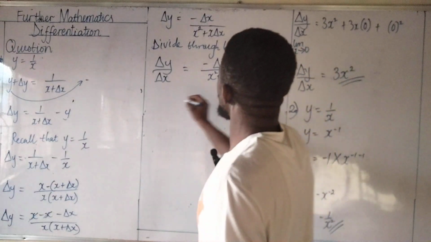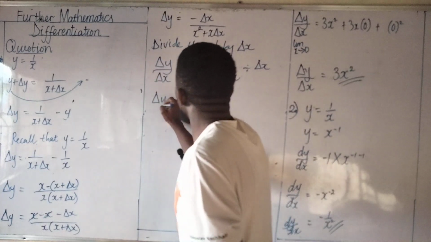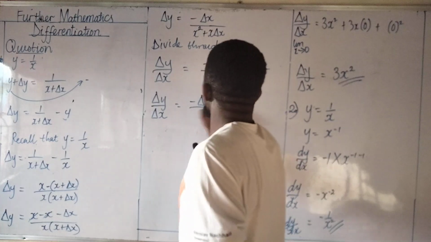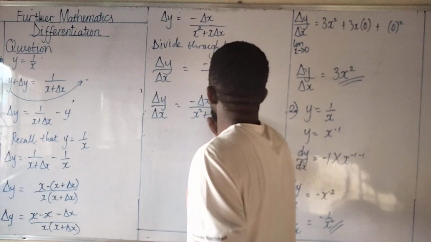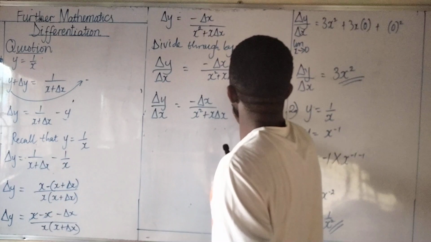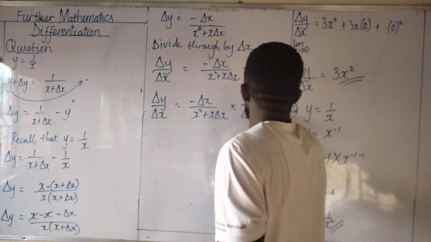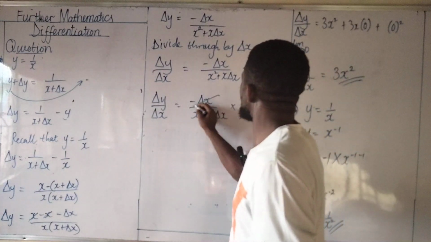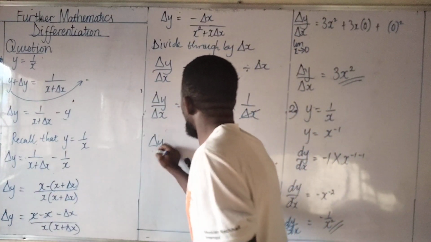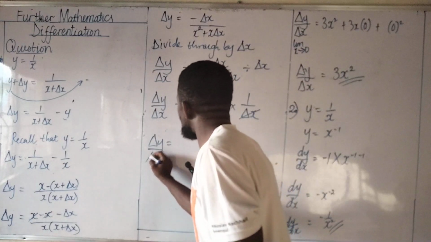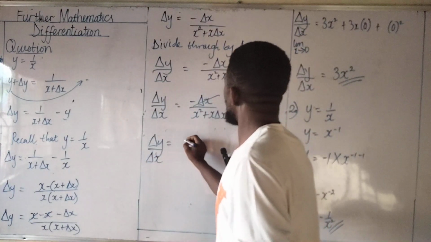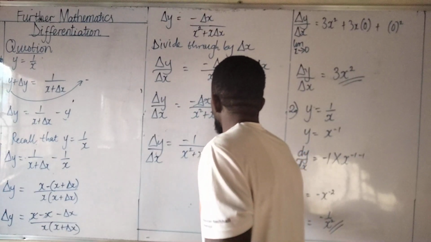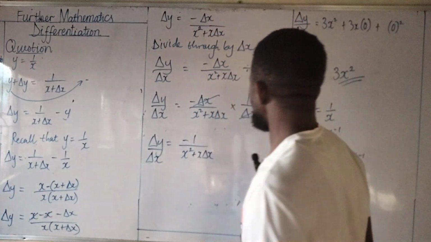When rewriting, it will be changing y over changing x equal to negative changing x over x squared plus x changing x, times 1 over changing x. You can see that this will cancel out. We have changing y over changing x equal to negative 1 over x squared plus x changing x.